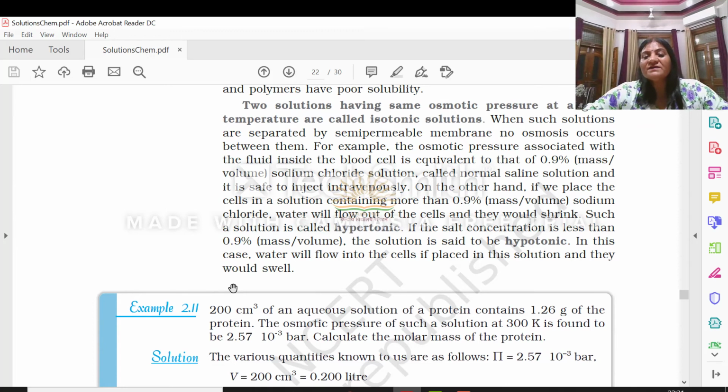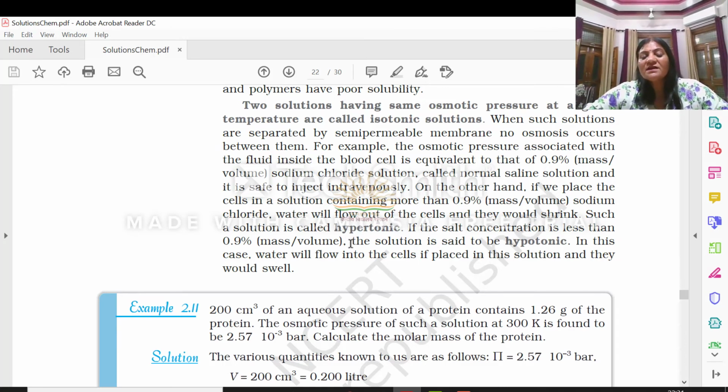Two solutions having the same osmotic pressure at a given temperature are called isotonic solutions. On the other hand, if we place the cells in a solution containing more than 0.9% mass by volume sodium chloride, water will flow out of the cell and they would shrink.